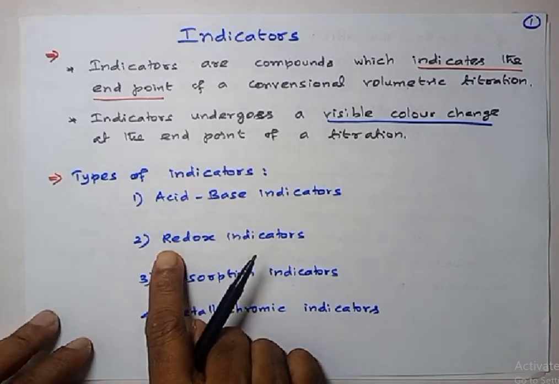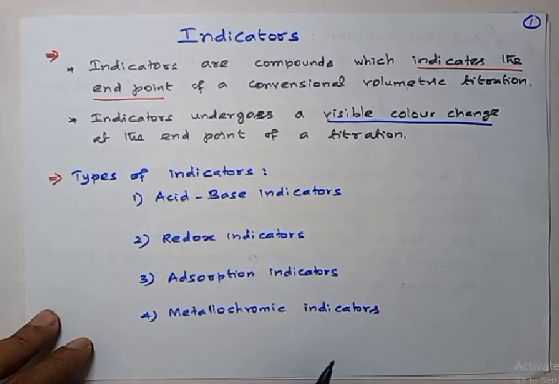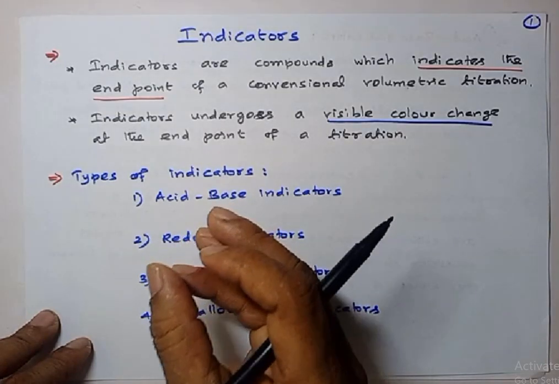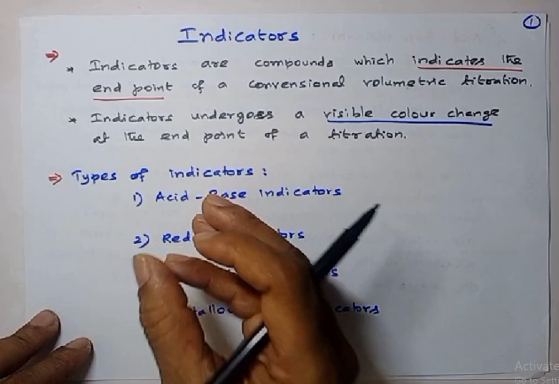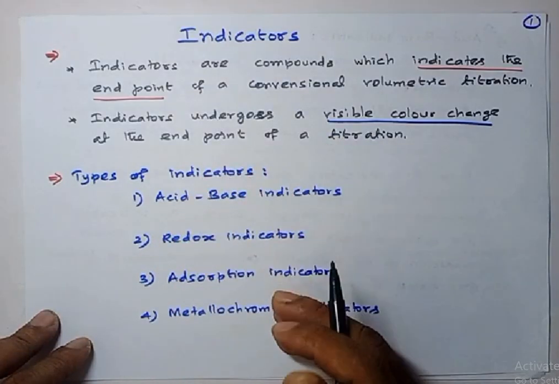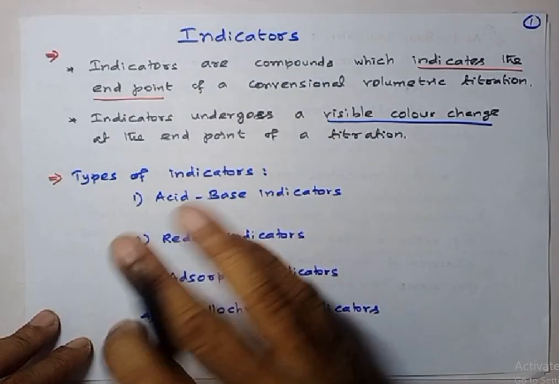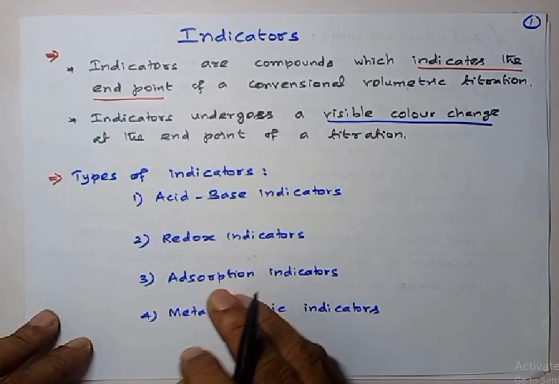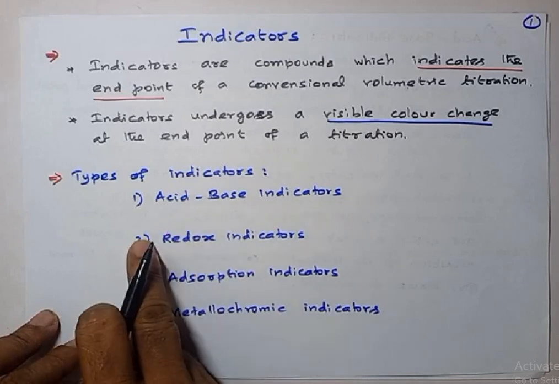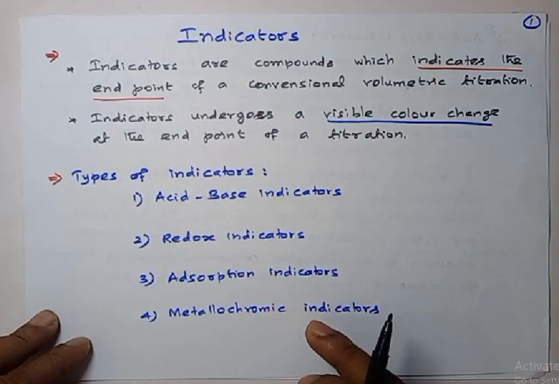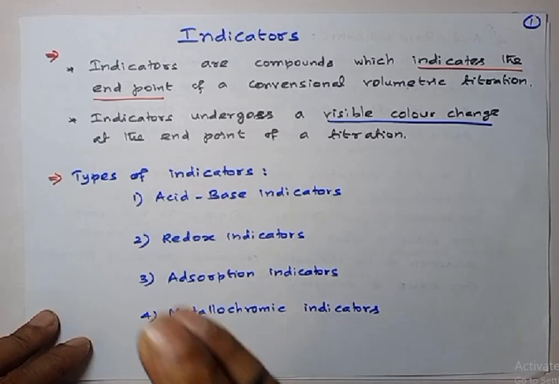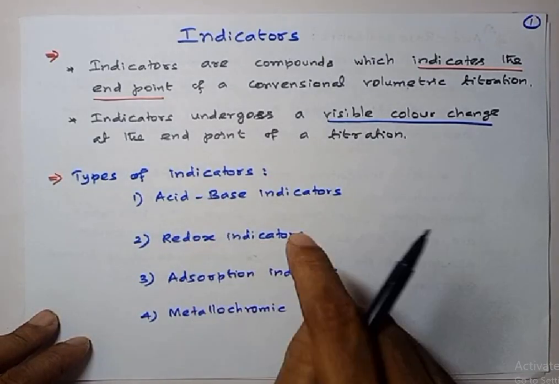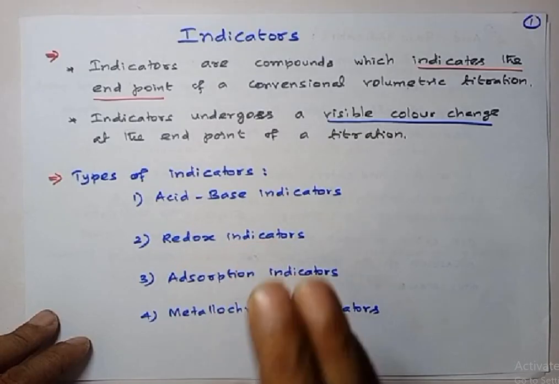Then, in redox titration, we use an oxidizing agent as analyte and a reducing agent as titrant. It can even be vice versa: you can take reducing agent as analyte and oxidizing agent as titrant. Those titrations are called redox titrations. The indicators used in redox titration are called redox indicators.